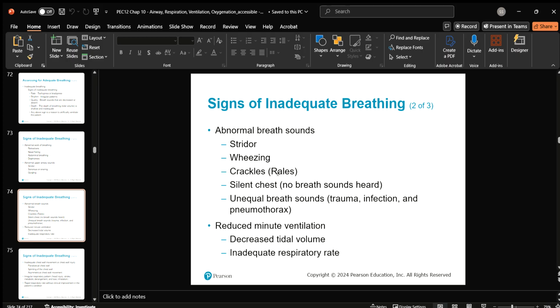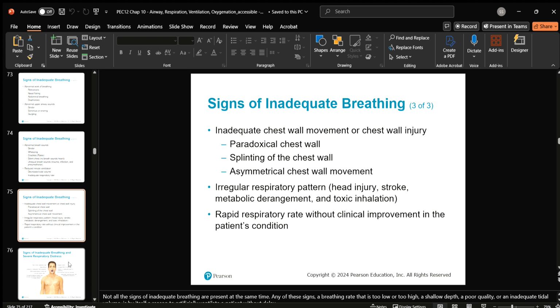Crackles or rales, these are both lower airway sounds. Wheezing, crackles, rales are lower airway. Stridor, upper. I'm beating on that because I know there are questions on the difference between upper and lower.